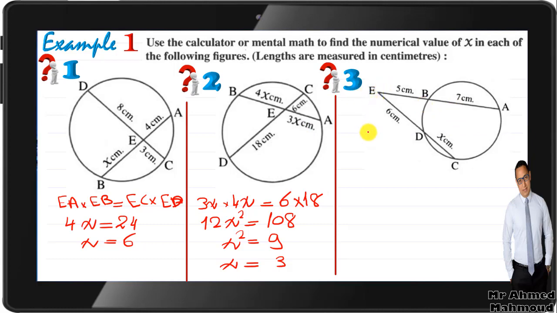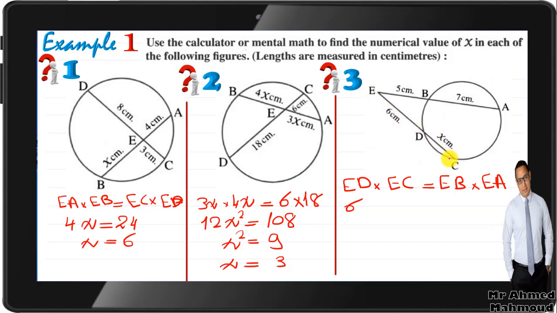Here I'm going to write the rule: starting from E, ED times EC equals EB times EA. Again, ED, EC, EB, EA. ED is 6 and EC equals 6 plus x.